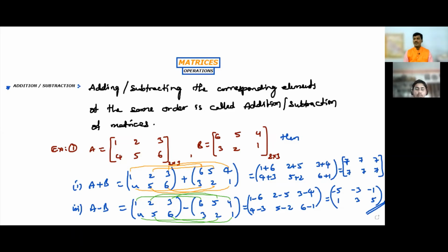And how do we multiply by a scalar? Multiplication of a matrix by a scalar. If you want to multiply by a scalar, we have to multiply by each and every element.